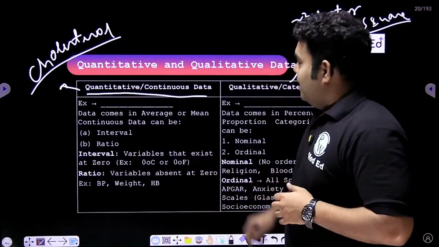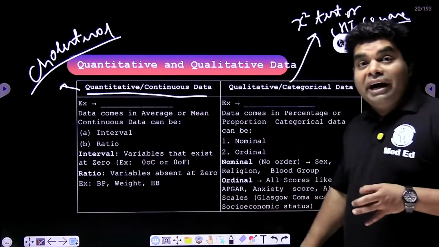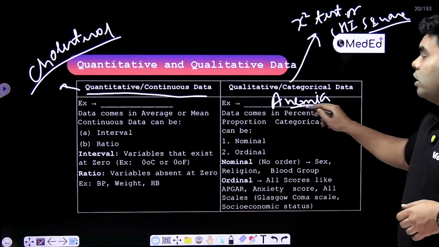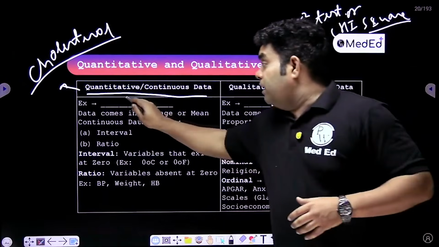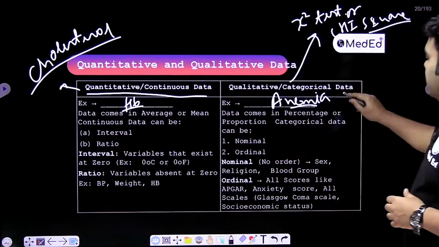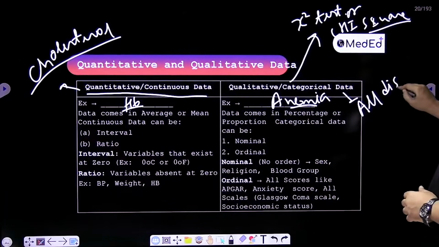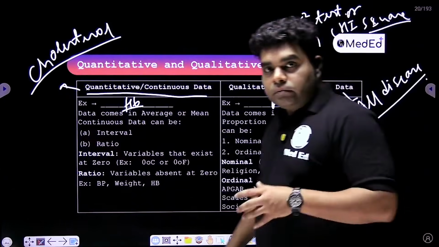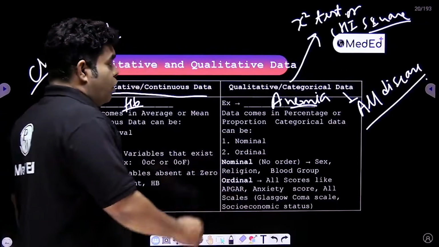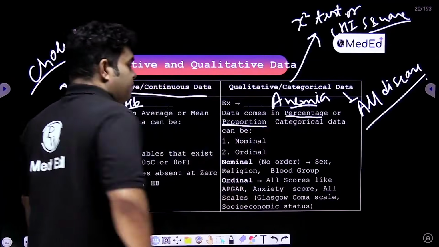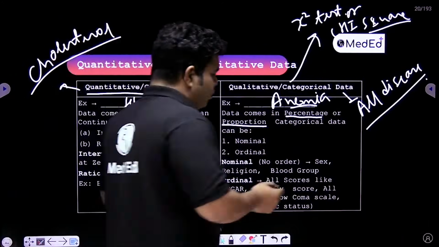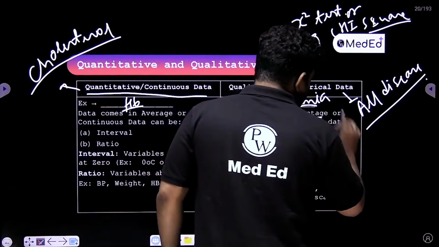And I hope you can answer it, because when I talk about anemia, being a disease, it is qualitative. Anemia is not quantitative. The hemoglobin which we measure in anemia, that is quantitative. Anemia, disease, all diseases come under qualitative. Okay. And when we talk about disease, they are represented in percentage or proportion. For example, I can say that in this class, 70% of females are anemic. This is obviously the data for the whole of India almost. 70% are anemic.